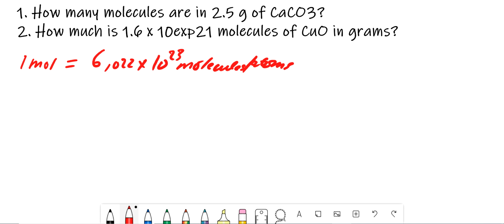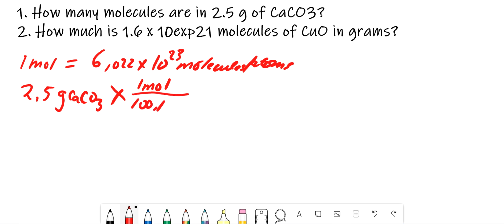In this case, you are given 2.5 grams of calcium carbonate. To convert this to moles, we will use the molar mass. So we're going to multiply this by the molar mass of calcium carbonate. Here you will have 1 mole over 100.1 grams of calcium carbonate.